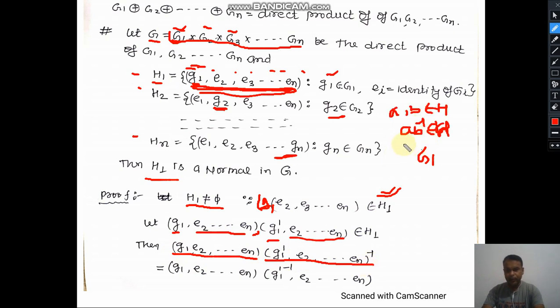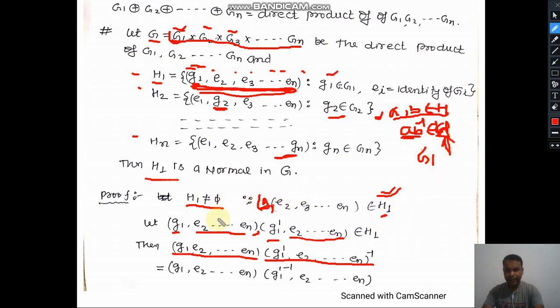Here we are trying to apply this approach, and in this approach it is stated that if A and B are two elements of a subset H, and AB inverse also belongs to H, then this H is known as a subgroup. So first we wish to show that this H1 is a subgroup.